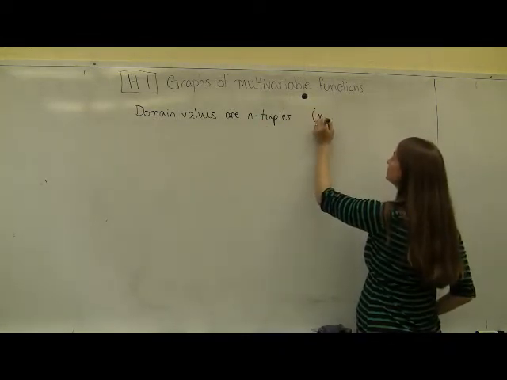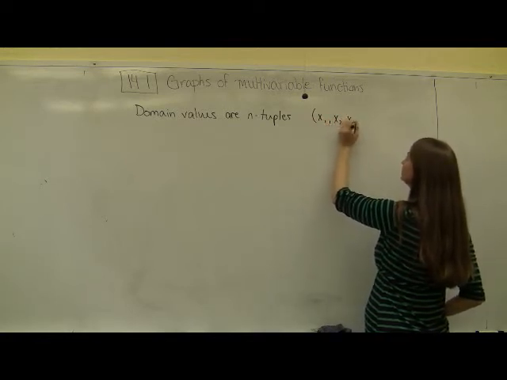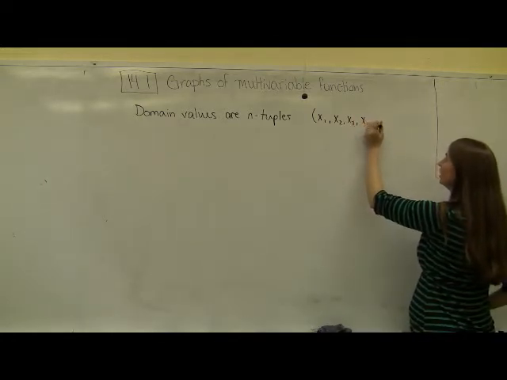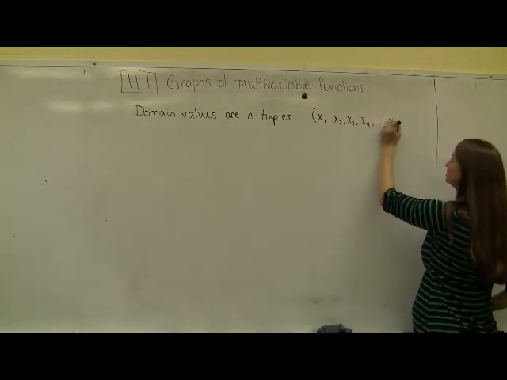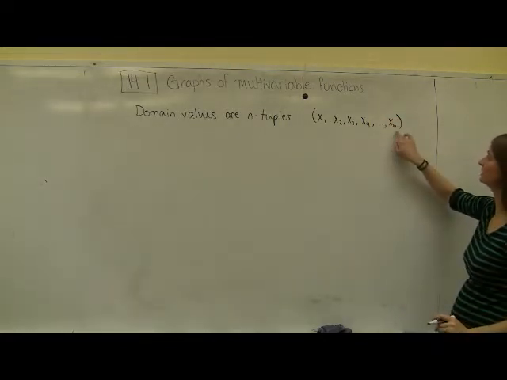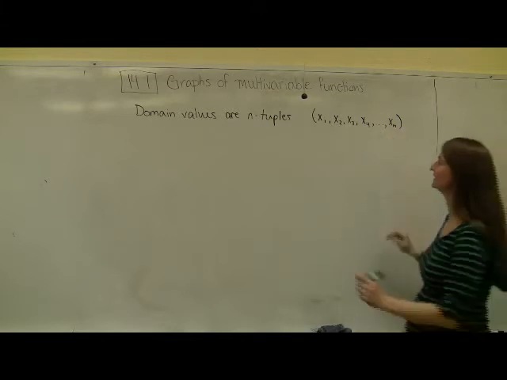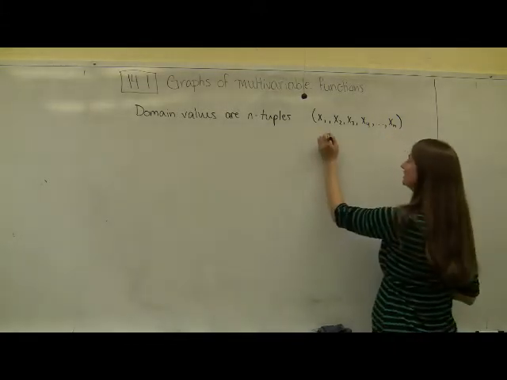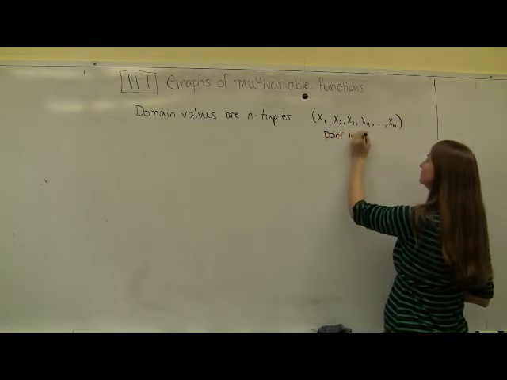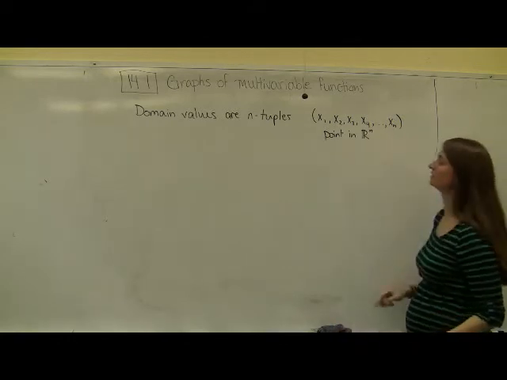Instead of ordered pairs, we could have ordered triples or ordered quadruples if we had 4 different inputs. And an n-tuple is one that has n inputs. You can visualize this as a point in Rn, meaning if I had n-dimensional space, this would be a point in Rn.